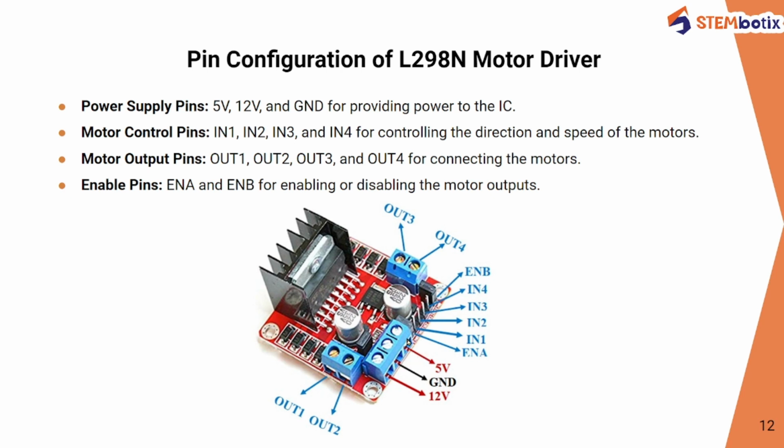After that is the 5 volt pin, also known as the VSS pin, which is used to power the logic circuitry within the L298N IC. It can handle voltage from 5 volt to 7 volts.